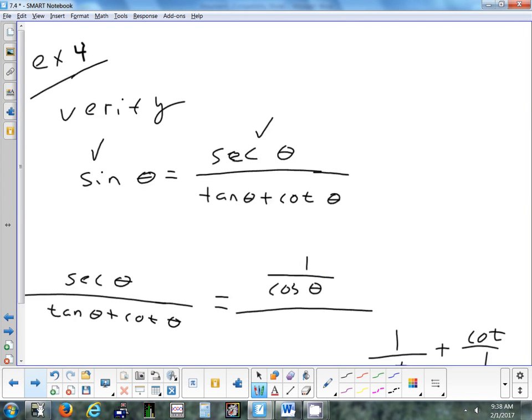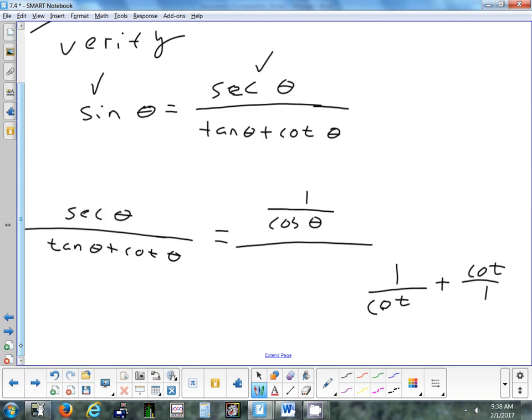Okay, so in my head, I'm kind of thinking about different ways to do it before I actually do it, which is kind of hard when you're starting out. But the other way I could do it would be sine over cosine plus cosine over sine, sorry. And that would give me a cosine sine with a 1.